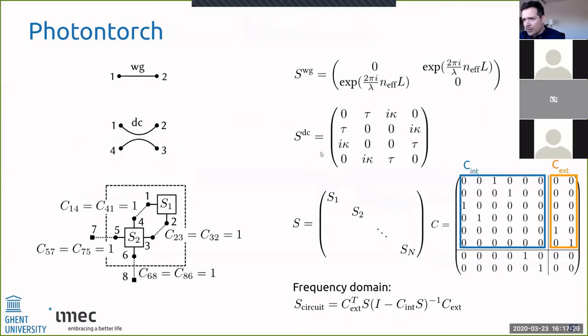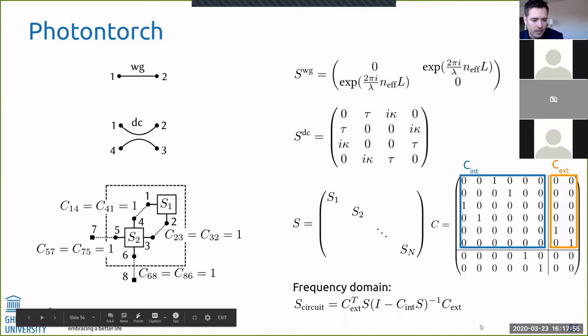So you might wonder why Photontorch is able to optimize photonic circuits as if they are neural networks. This has everything to do with how it is implemented under the hood. As you may know, any photonic component can be represented by a scattering matrix, and these scattering matrices can be reduced to one single circuit scattering matrix.